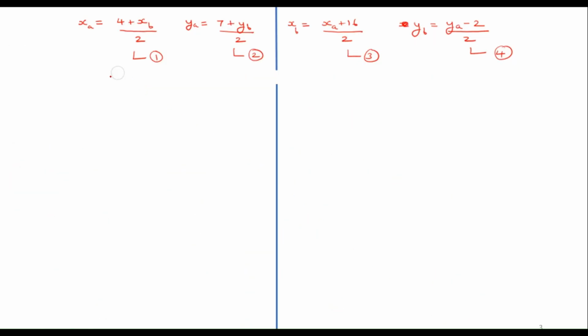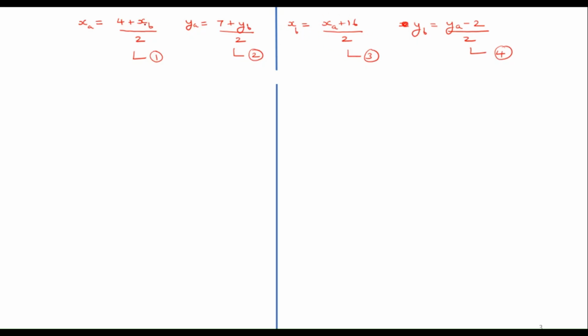Now if we see here, we have got equation 1, equation 2, equation 3 and equation 4. Now what we can do is solve it for the x part, the x coordinate. We can substitute the third equation into the first equation, because xb means this everything.